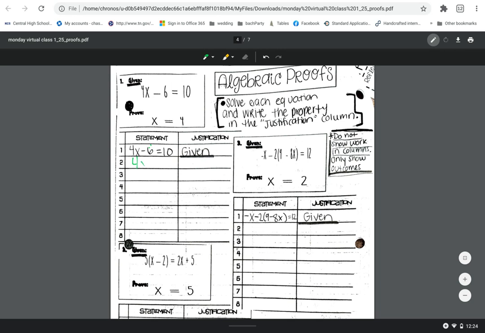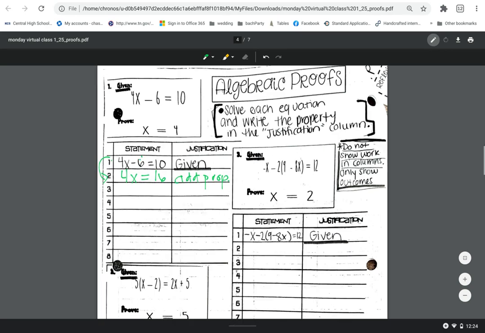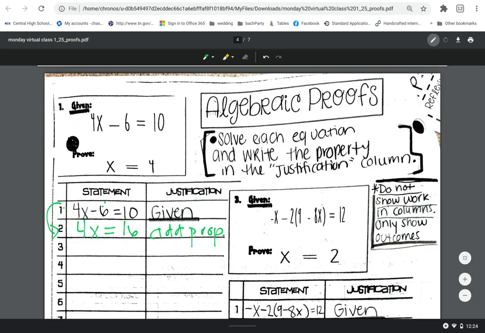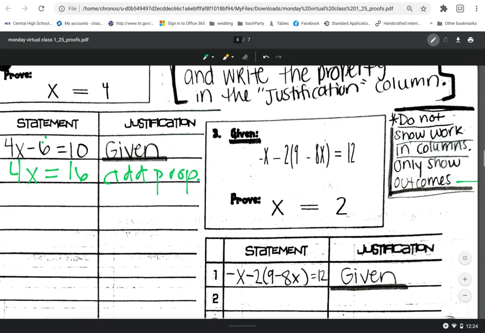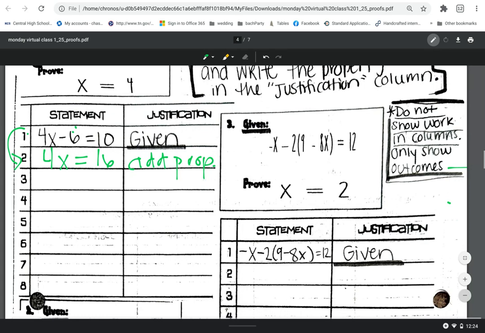So you're going to write your result after adding 6 to both sides. Okay? Now, how did you get from step 1 to step 2? You had the addition property. I'm going to try to zoom in. Zoomed in a little too much.